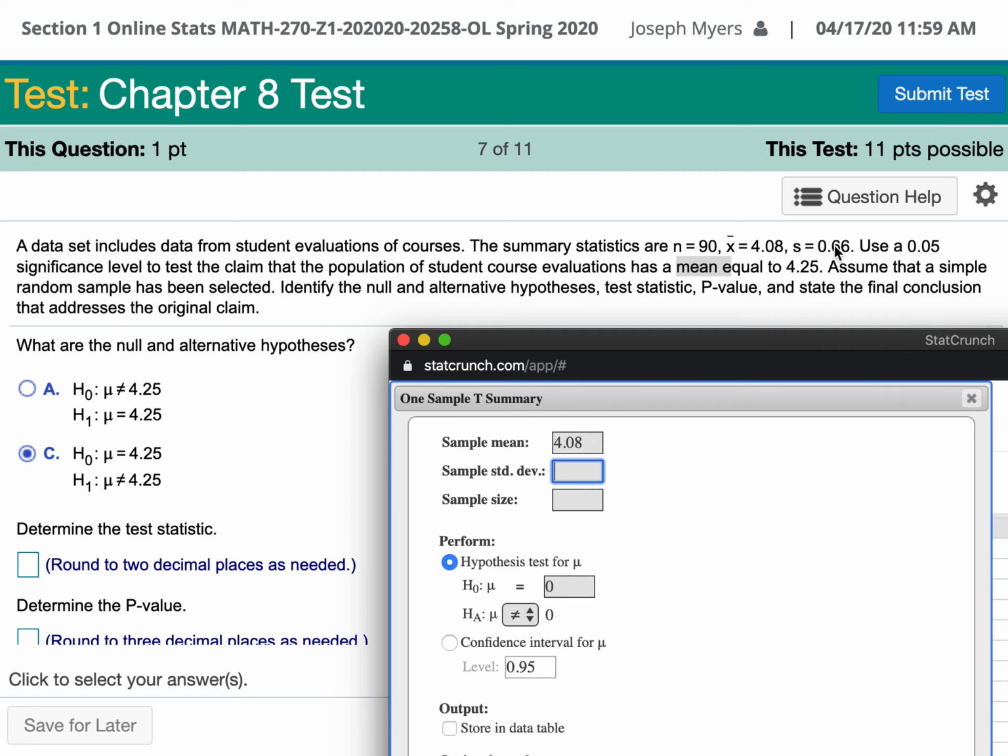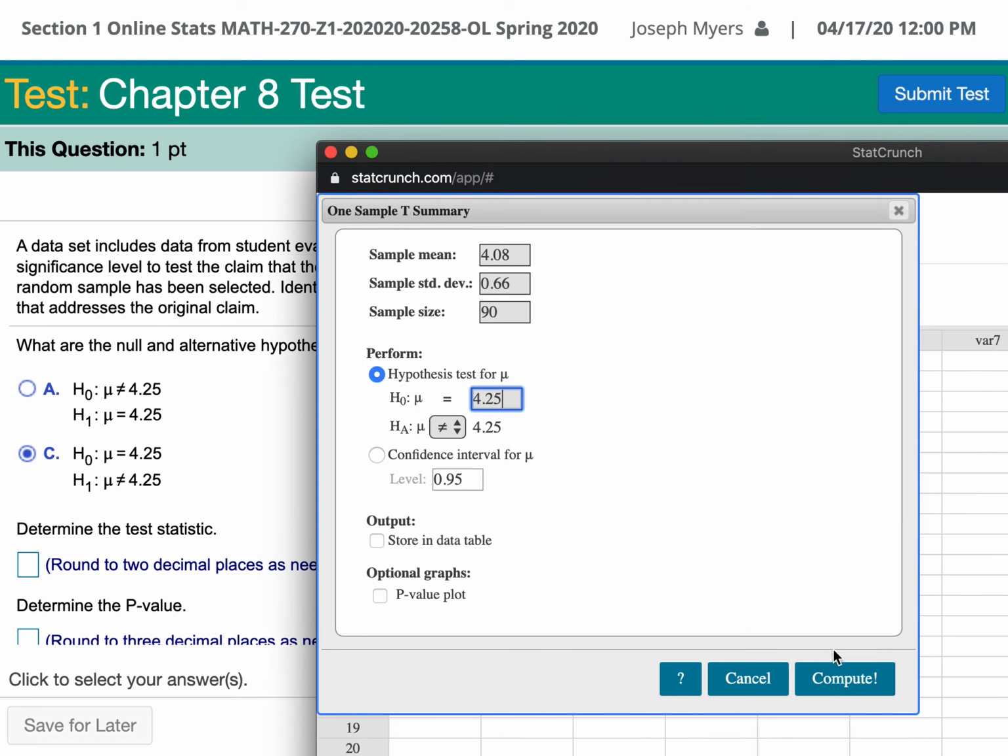The sample standard deviation is 0.66. The sample size is 90. And I want to do a hypothesis test that the mean is equal to 4.25, or the alternative that it does not equal 4.25. So I'll click compute.